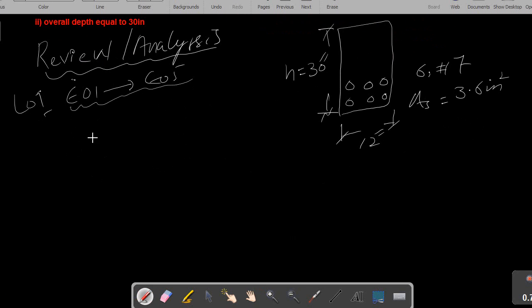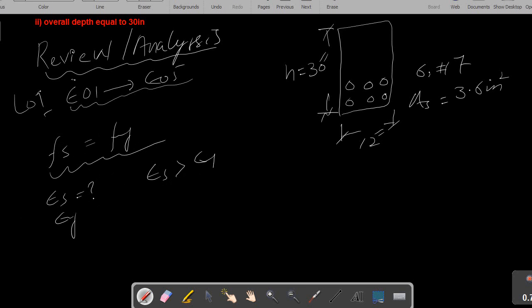As you can see here, to start a review problem we assume that the stress in steel equals the yield stress. To prove this assumption, we find the value of epsilon s and compare it with epsilon y. If epsilon s is greater than epsilon y, this assumption is okay. If epsilon s is less than epsilon y, this assumption is wrong.